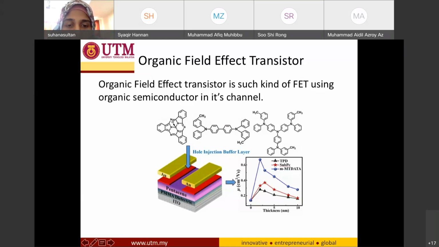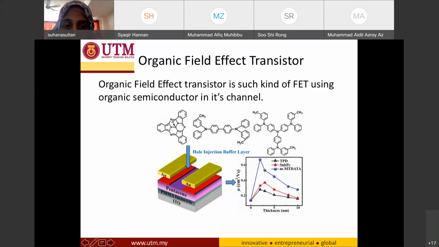Remember I said pentacene is the organic semiconductor, so this is your semiconductor channel. The PMMA dielectric is your gate dielectric, and ITO is the electrode as your back gate. This means the gate electrode is at the back of your substrate, so this is the back gate configuration.